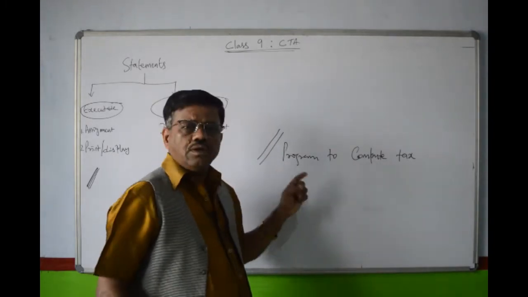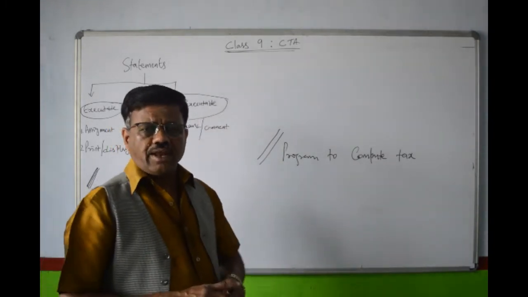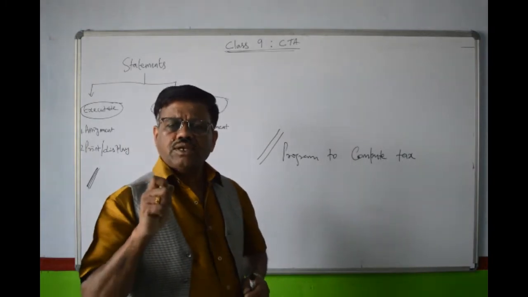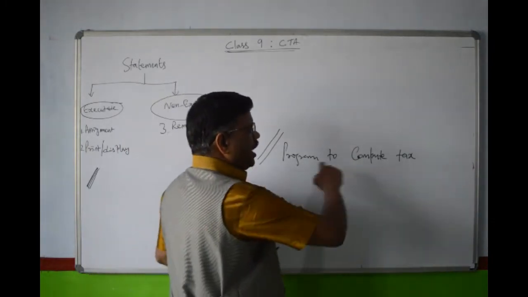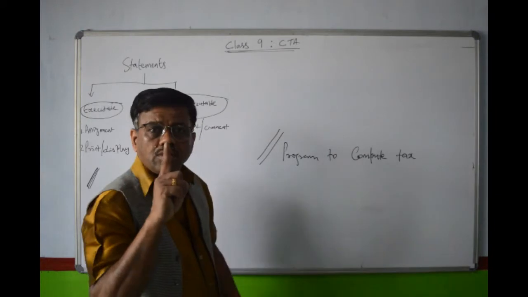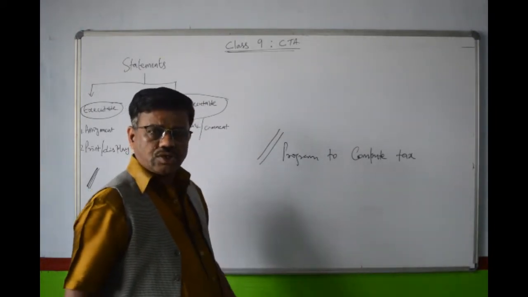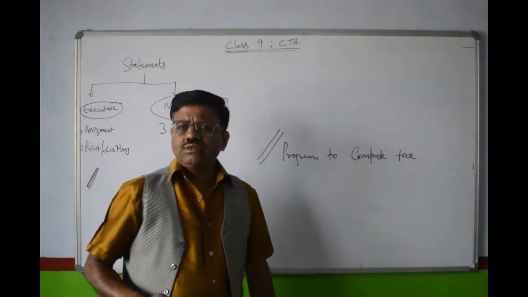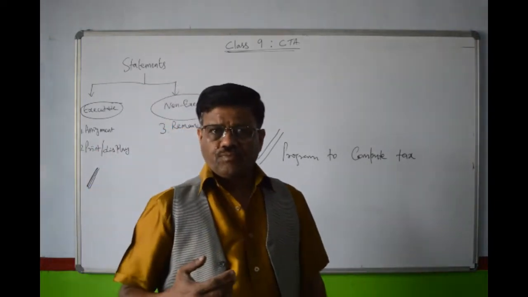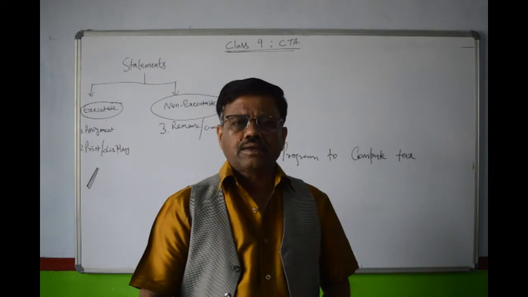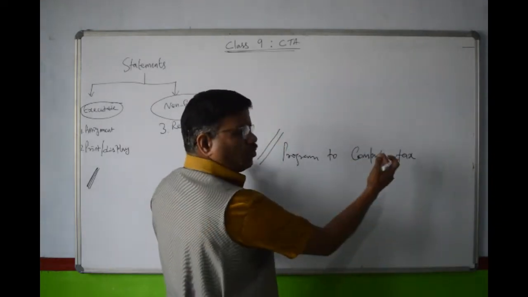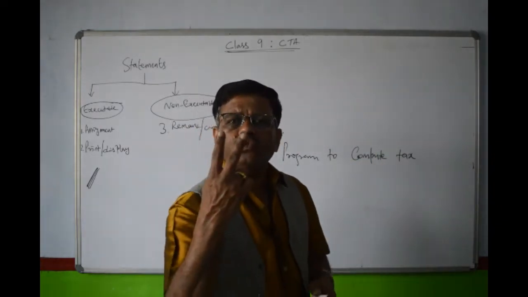If you want to accommodate a remark or a comment in one line, if it is a single line comment, it should be double slash. I give a comment which runs over a line, a remark which doesn't fit in one line, which comes in two lines.